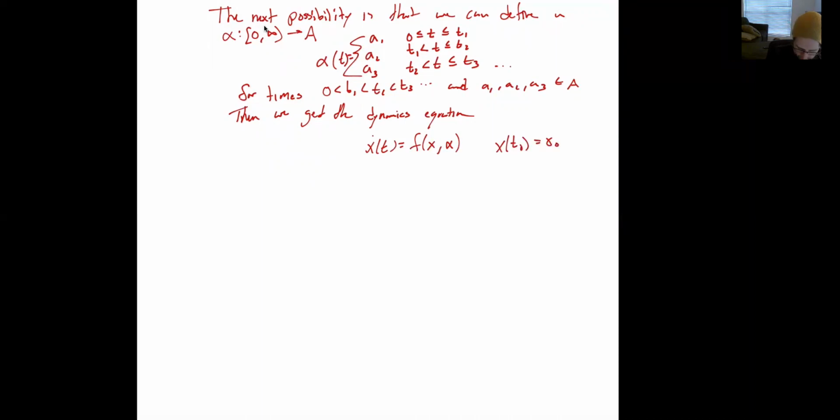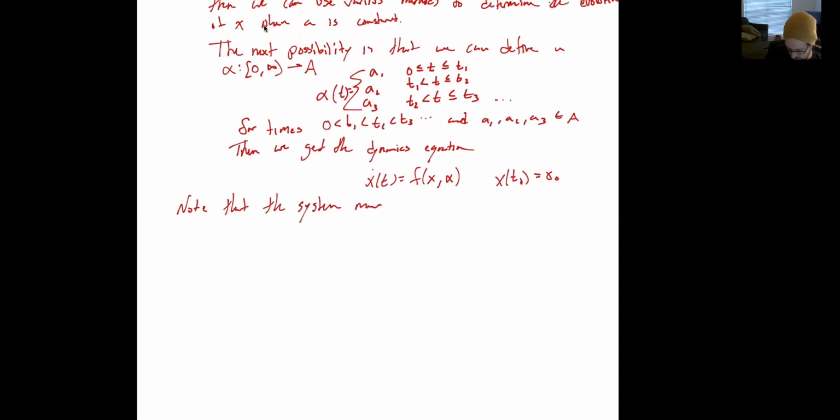Okay, and note that the system may evolve or behave differently as we change the control parameters.